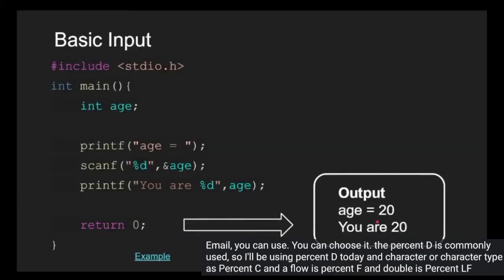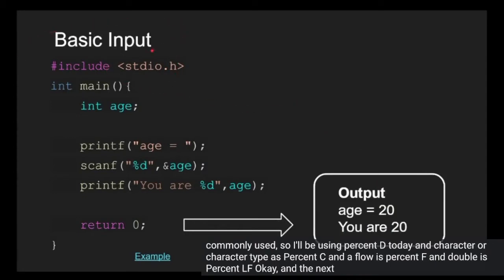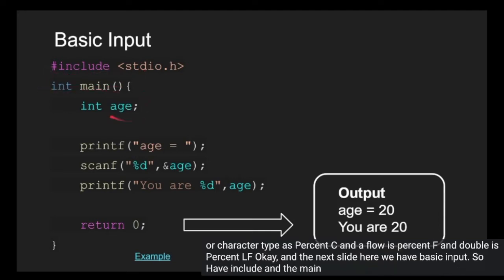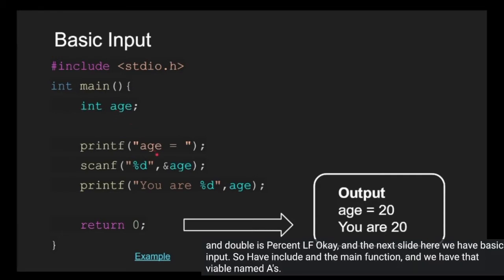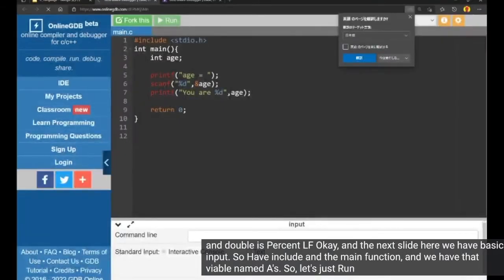Okay. In the next slide we have basic input. We have include and the main function, and a variable named age. Let's just run this code real quick.